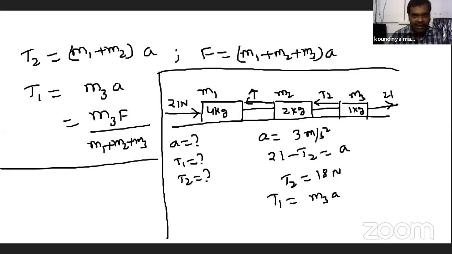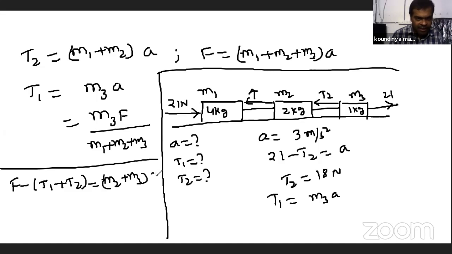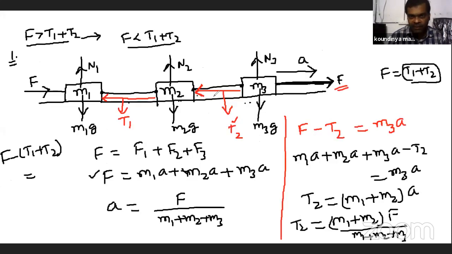Here I can write it as F minus of T1 plus T2 is equal to M2 plus M3 into A. The resultant of force F and T1 and T2 will cause the motion in M2 and M3.